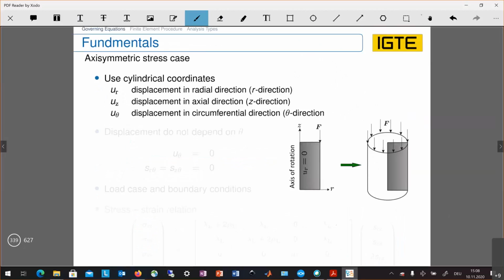And the third case clearly is an axisymmetric case, also as shown here.